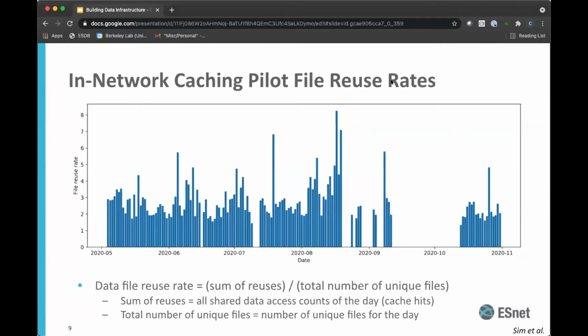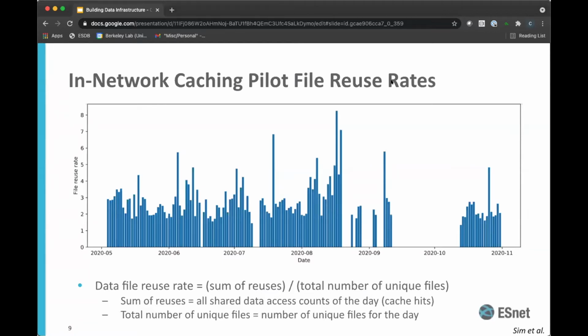If you look at the file reuse rates, what you see here is that the file reuse rate across all the unique files on the system was between 2.5 to 3. And so it's pretty significant in terms of how much bandwidth we can save.